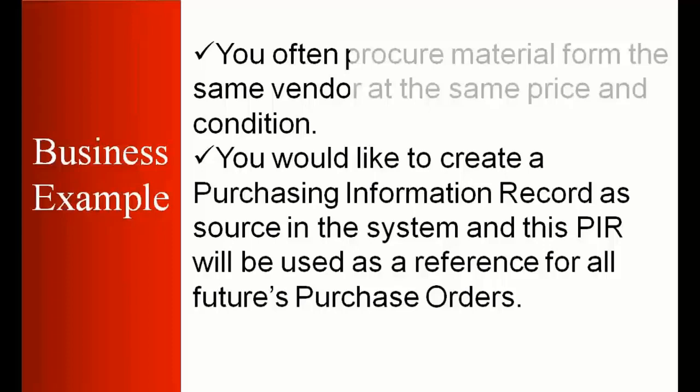This PIR will be used as a reference for all future purchase orders. That means if we set up a PIR record for a particular vendor and material, it can send its data to all future purchase orders. That will save time and be quicker, and we can maintain all the linkages with the PIR records for all future purchase orders.